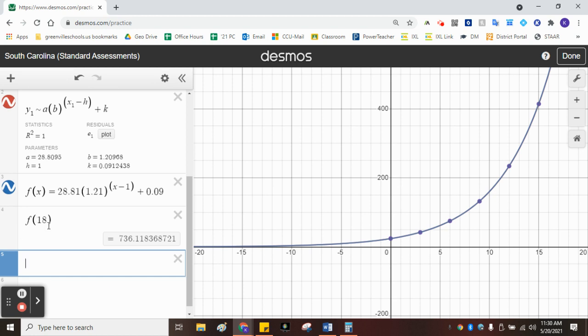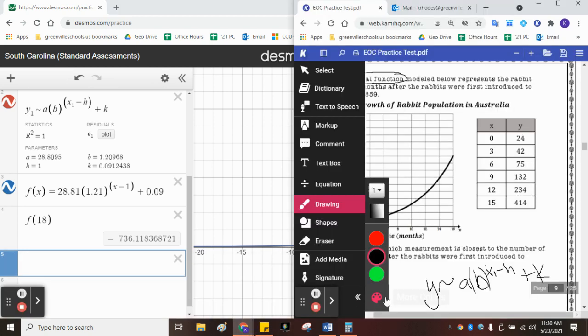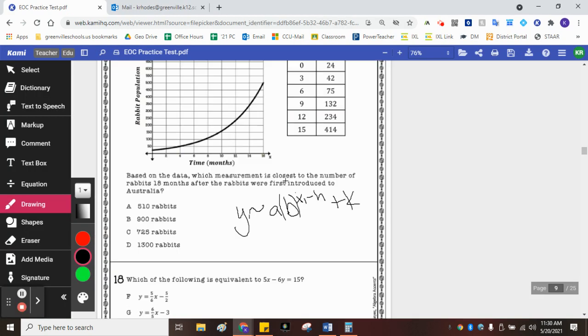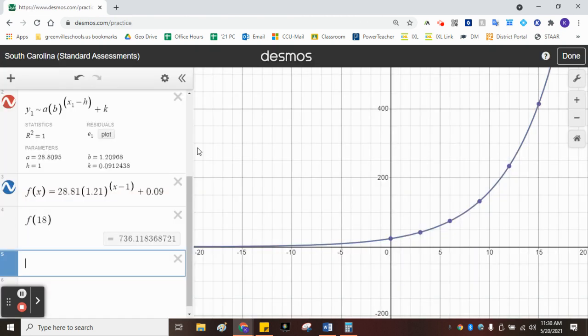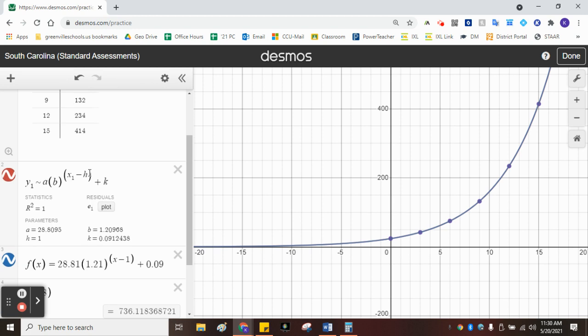So at 18 months, 736.12. That's closest to this one. So we did a lot of rounding, which is why it's not precise, but that'd also be it. I bet they didn't want it to be this complicated.